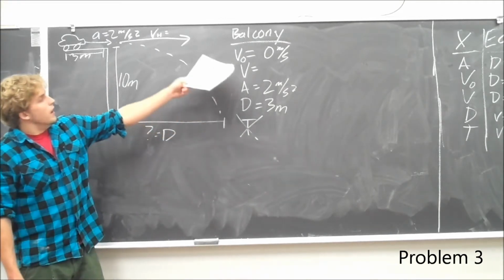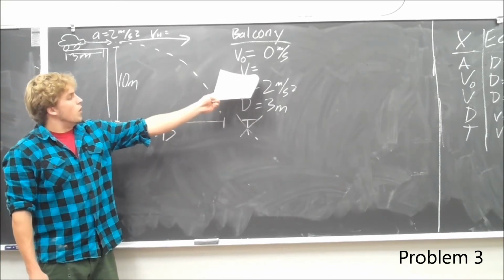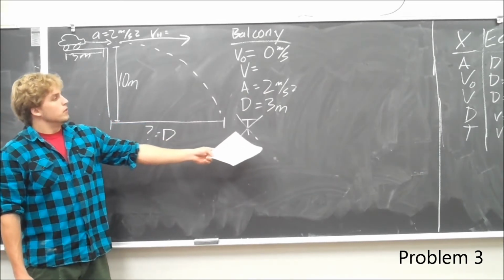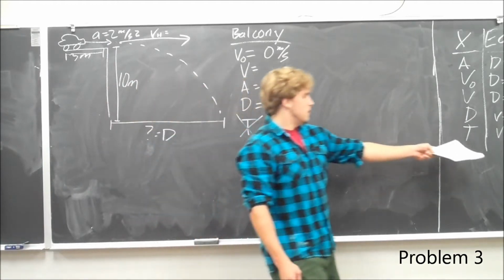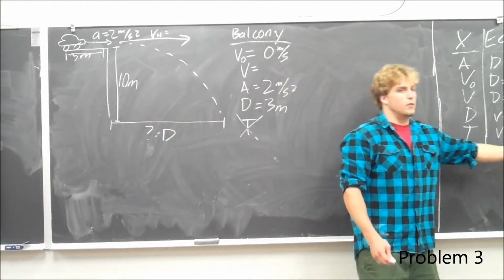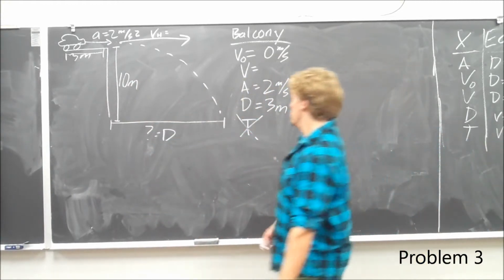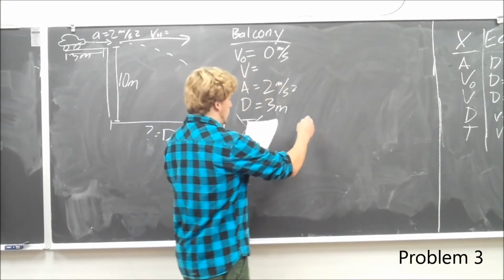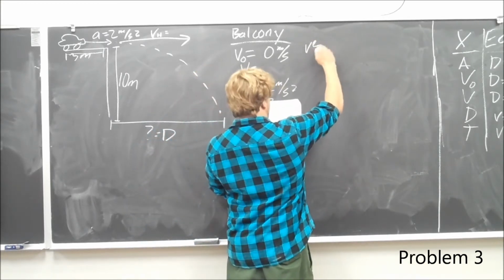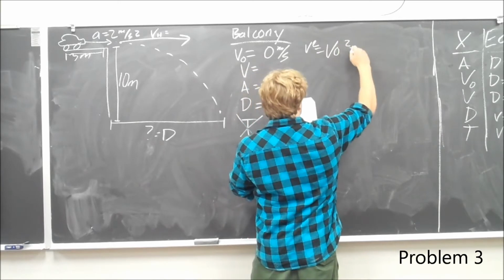So I have these three. This is what I want. This is what I don't care about. Go to this chart. This is the equation I use. Cool. So that means we have V squared is equal to V naught squared plus 2AD.